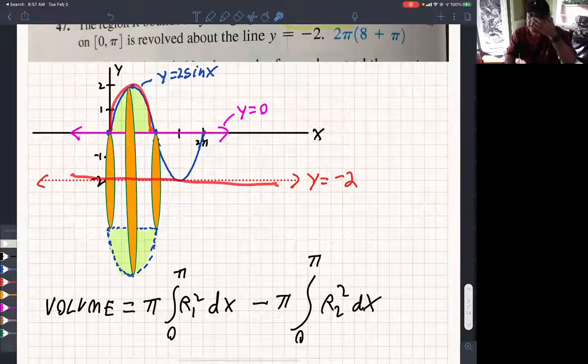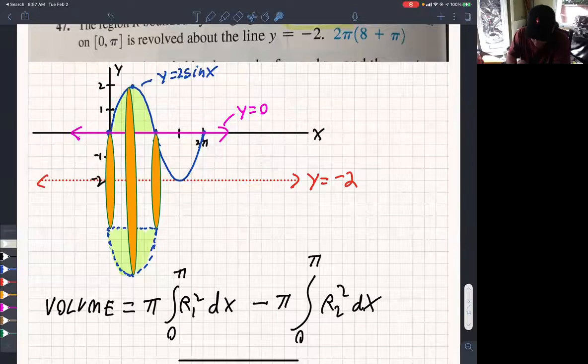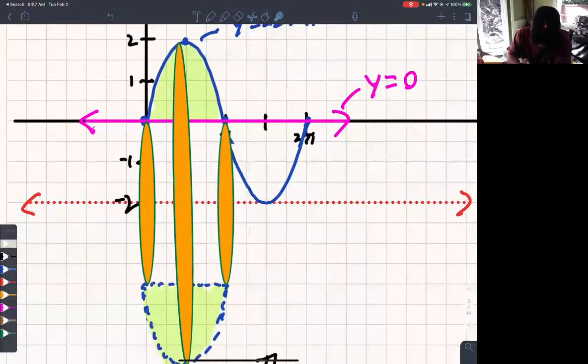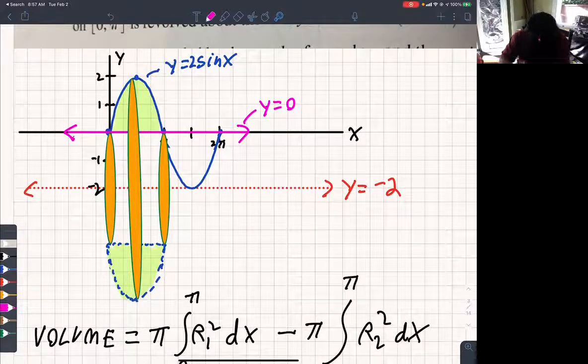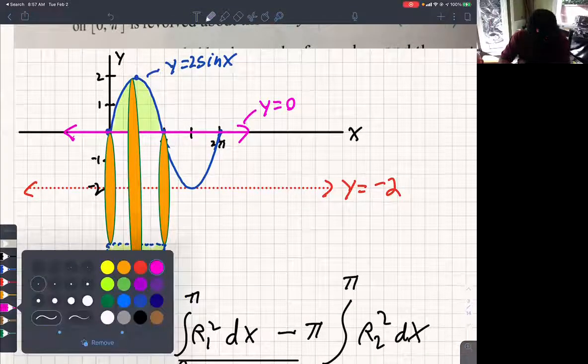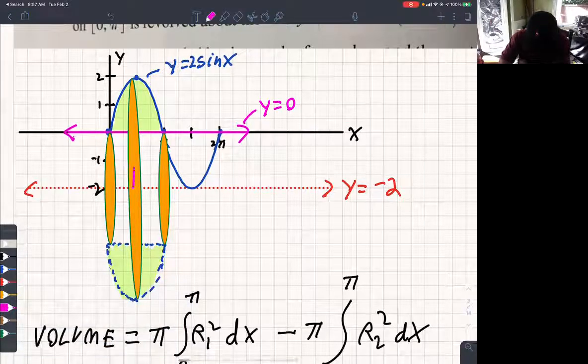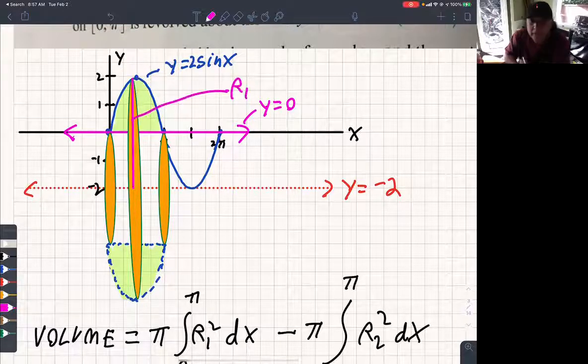So it's going to be from there to there to get your R1. And I will draw this in fuchsia. So it goes from your axis of rotation to your furthest graph. That's going to be R1.